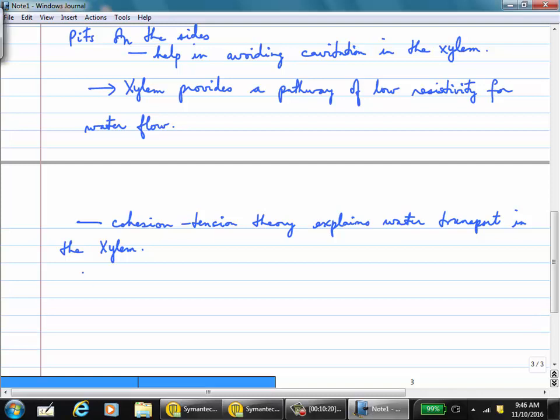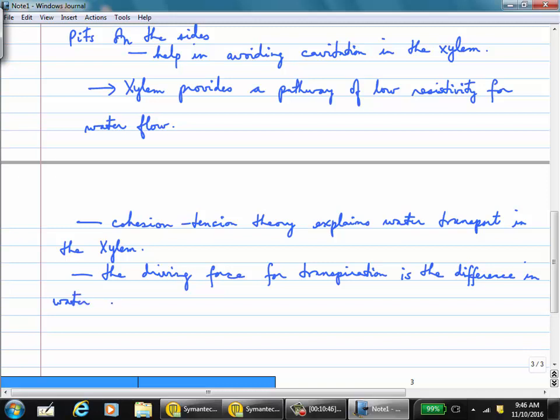So the driving force for transpiration is the difference in water vapor pressure or water vapor concentration between the leaf air spaces and the external bulk air.